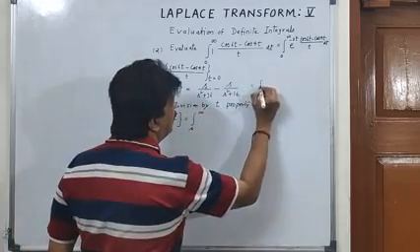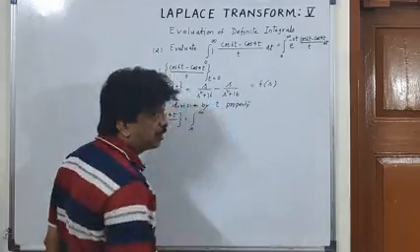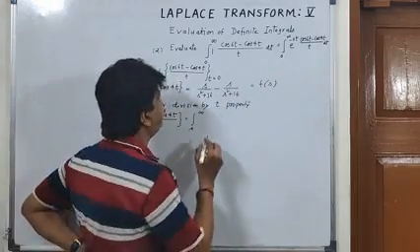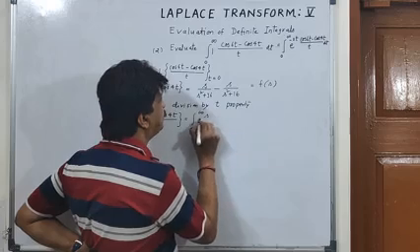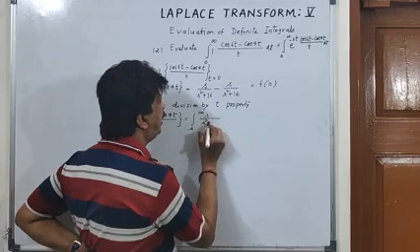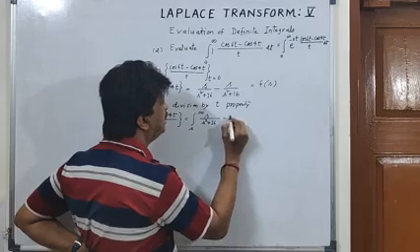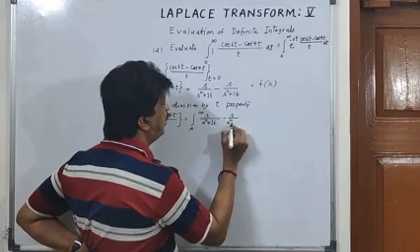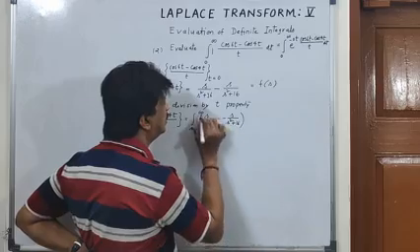This is f of s, the Laplace transform of cos 6t minus cos 4t. So it is s upon s square plus 36 minus s upon s square plus 16 ds.